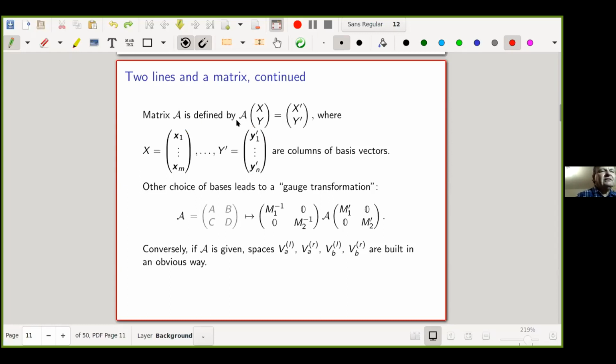For instance, what is this M1? If I choose a basis here in another way, then M1 is a matrix that transforms one basis into another basis.